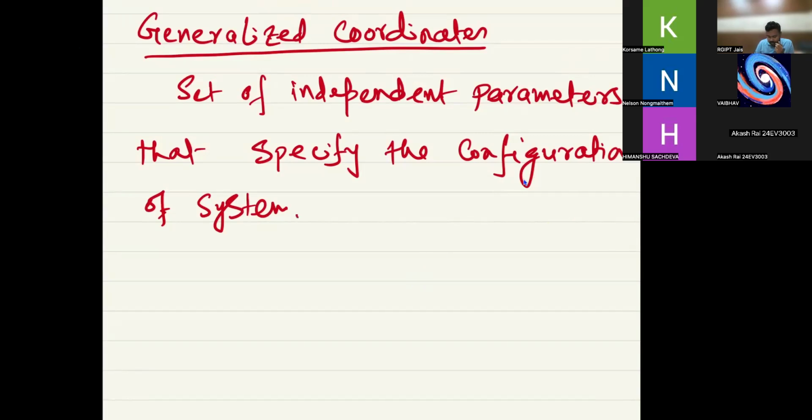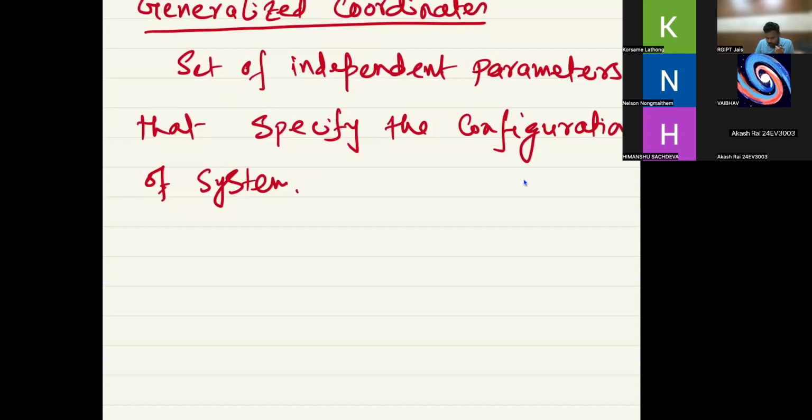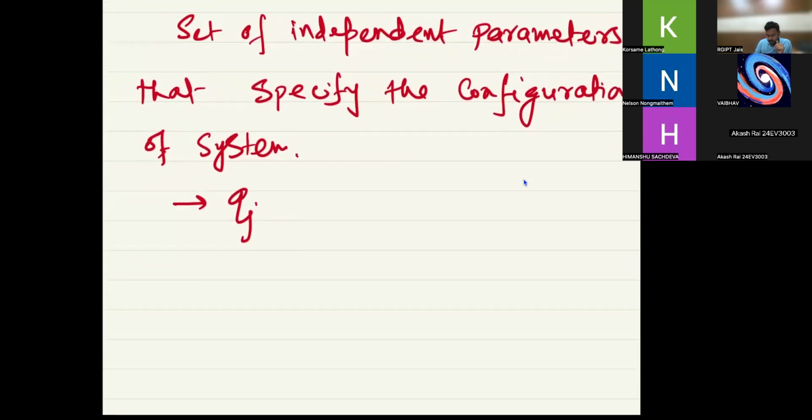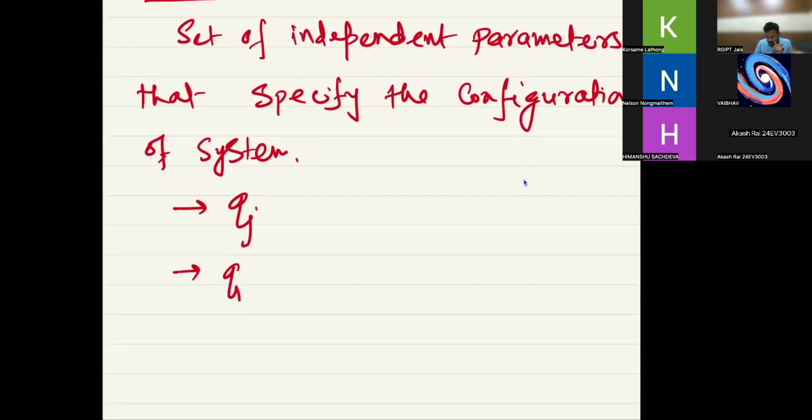Configuration of the system. And I told you some of the properties also. I told you how to represent generalized coordinates: they are represented by the symbol Qj, and these Qj's are independent. Normal Cartesian or polar coordinates are not independent of each other if you have some constraint involved.